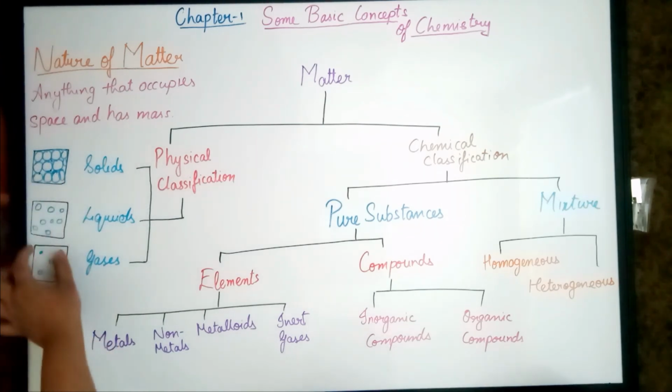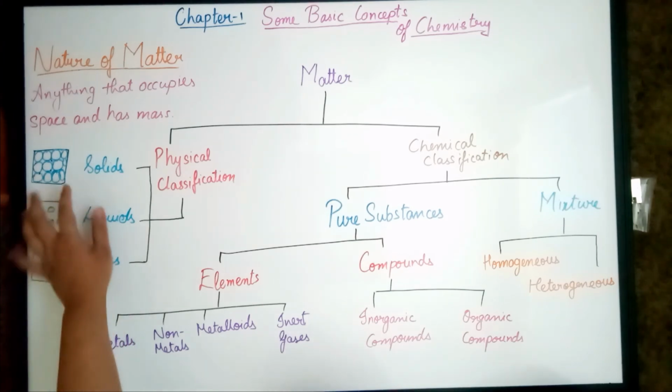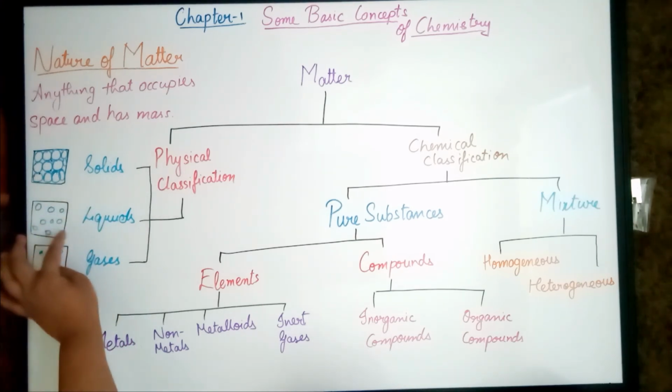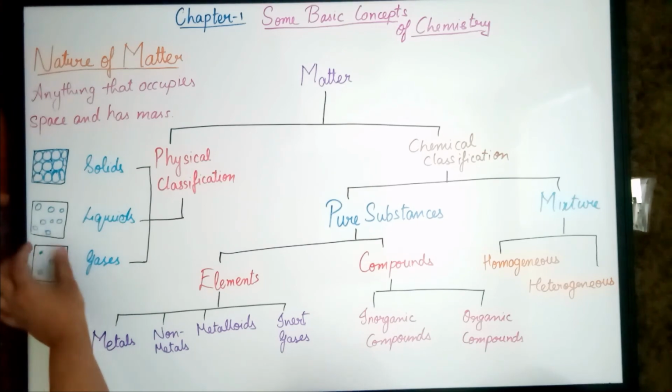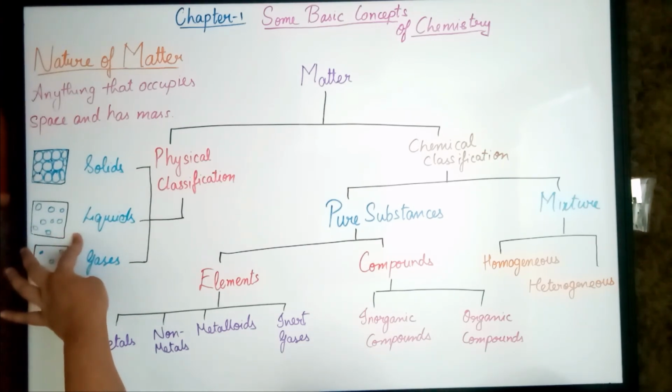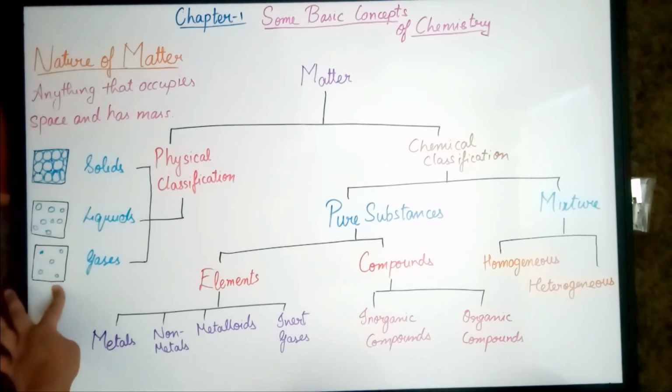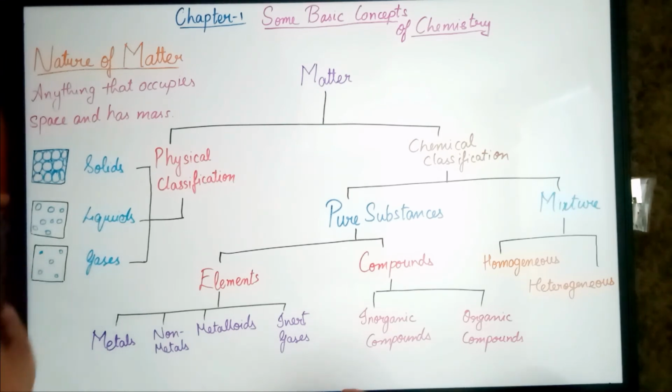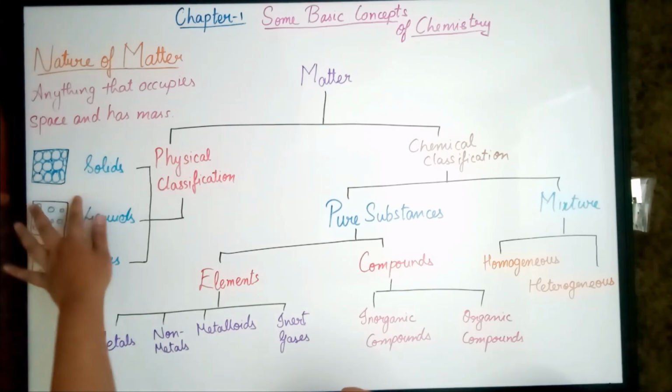On the other hand, liquids are quite far apart, not as far as gases, but relatively farther compared to solids. So liquids have slightly less intermolecular forces of attraction, and gases on the other hand have very little intermolecular forces of attraction. This arrangement of particles determines that solids tend to have a definite shape and volume.